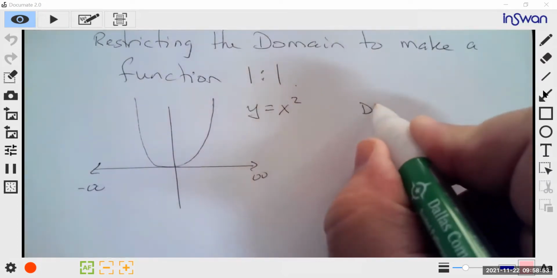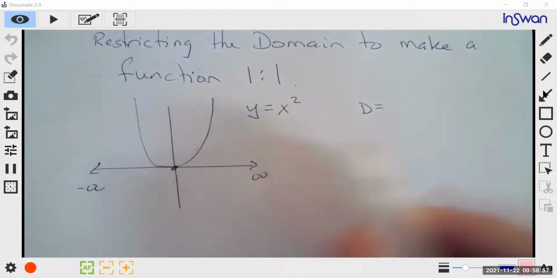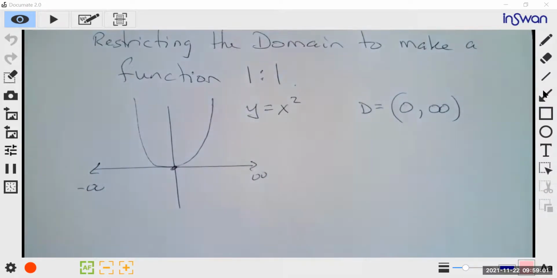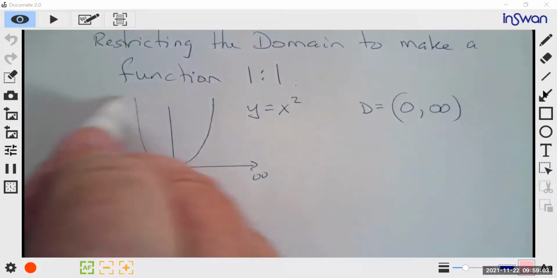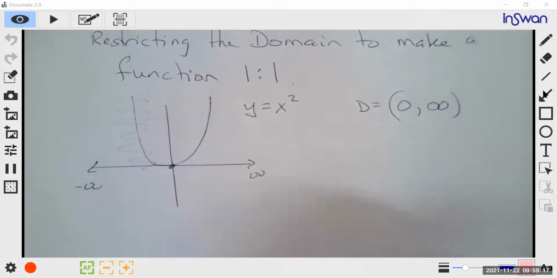If we changed our domain to only read from 0 to infinity, in other words, erase this side, is it now one-to-one? Yeah, because it passes. So we can restrict the domain to make it one-to-one. So that's perfectly legit.